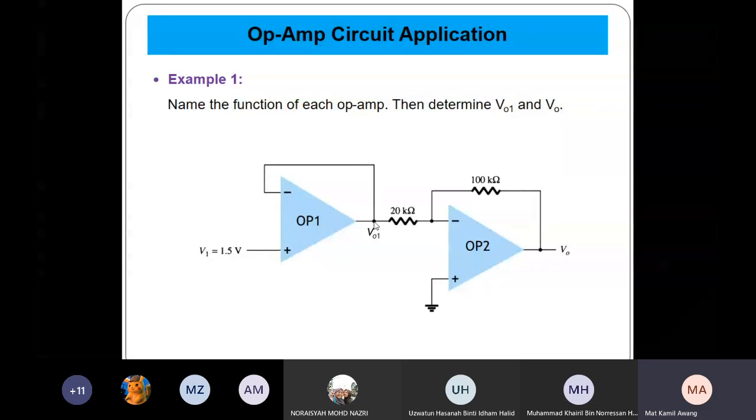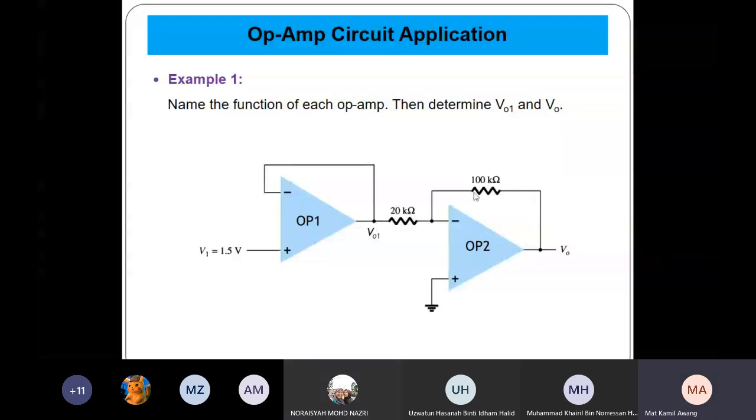So what is V out? You say that is an inverting amplifier. What is the gain of an inverting amplifier? The gain AV is equal to minus RF over R1, multiplied by the V in. Because now VO1 is the input to this amplifier.